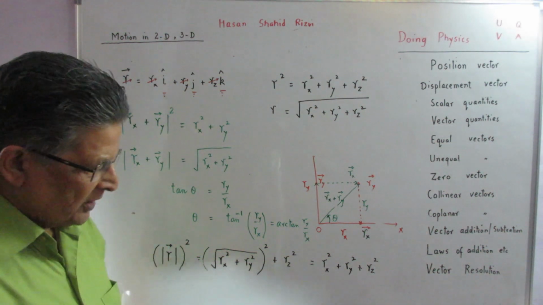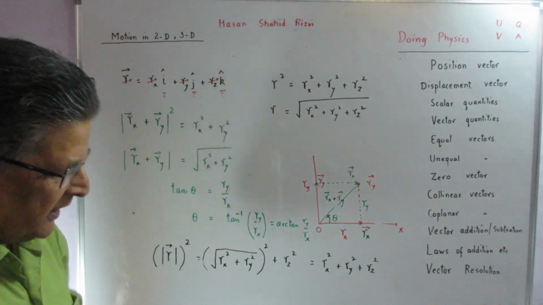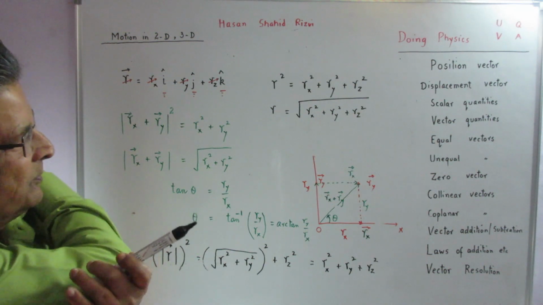In the multiplication of vectors, there are three types of things.